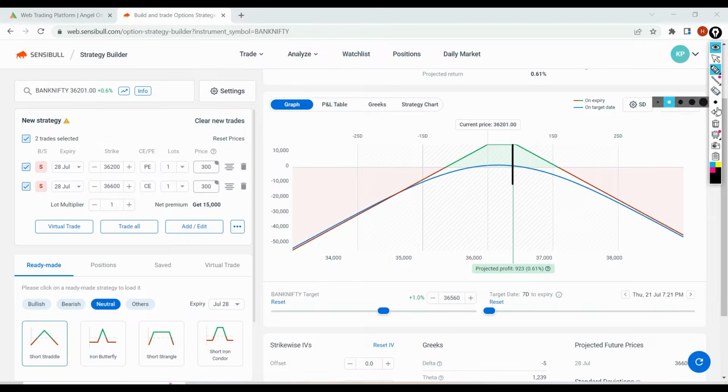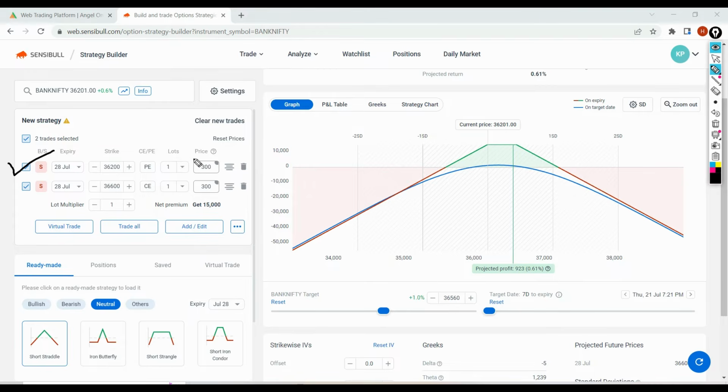How to do that? I'll explain you. Right now your market stands here. Initially when we were converting the straddle to strangle, we booked the loss making leg, but whenever you want to convert from strangle to straddle, you have to book your profit making leg.